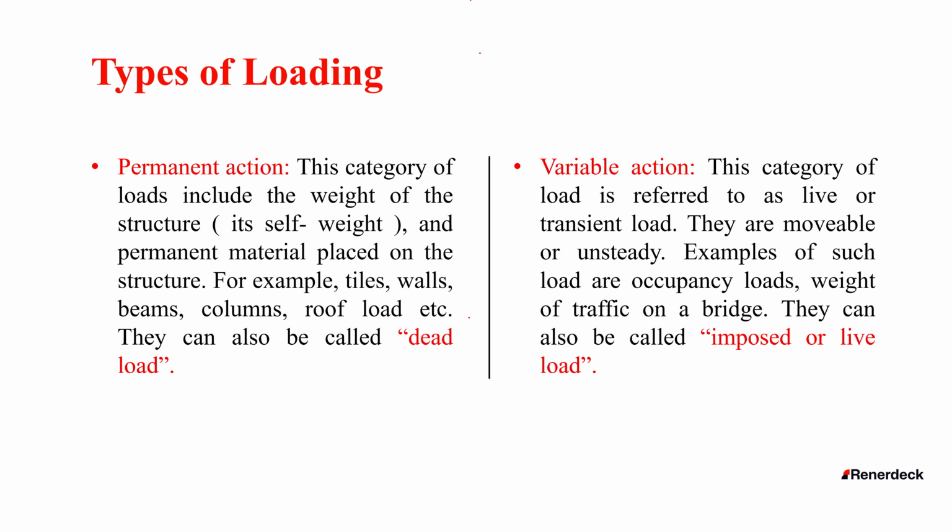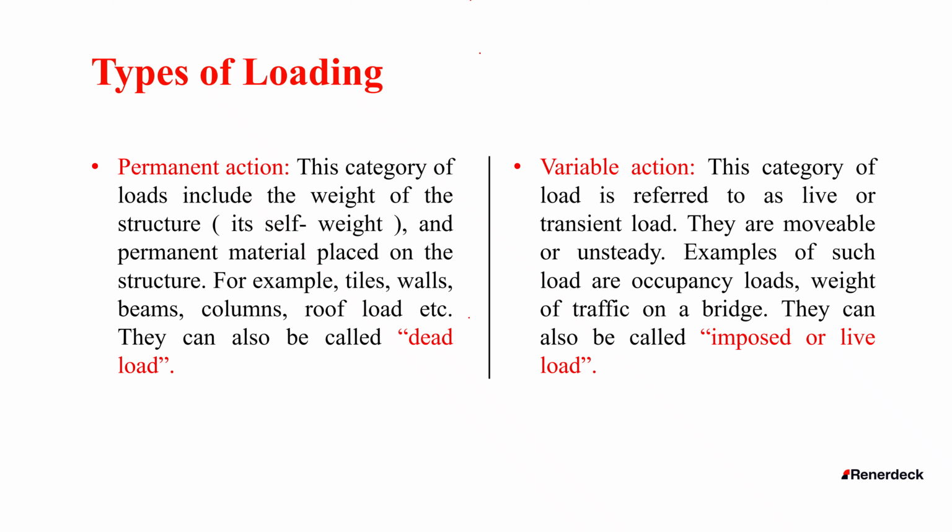Then we also have variable actions. This category of load is referred to as live or transient load. These are loads that are movable and unsteady. They are frequent; they come and go, come and go. It's not like the permanent load, which, once it's erected, does not move from its position.